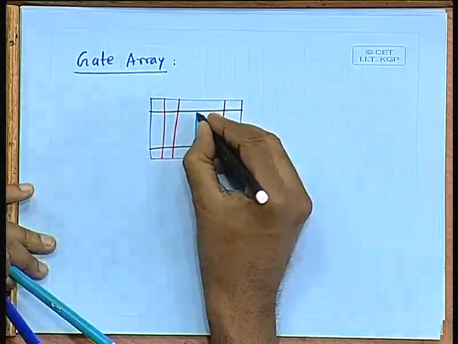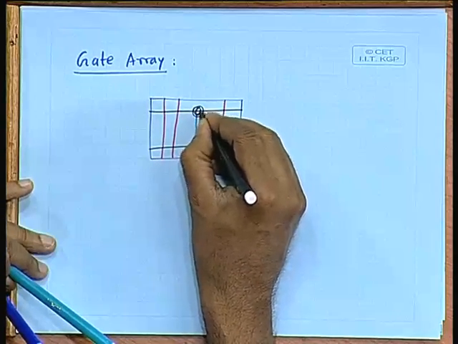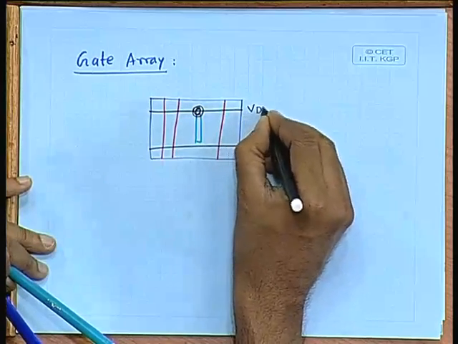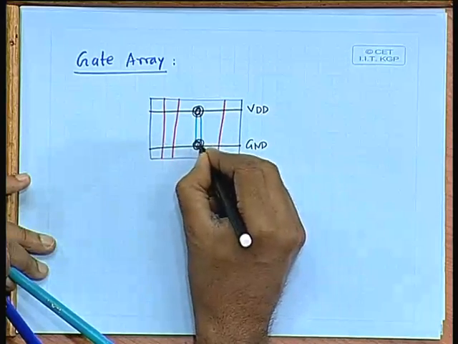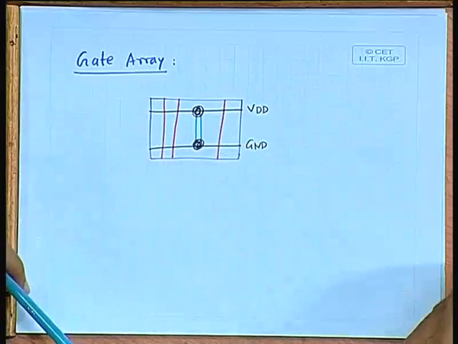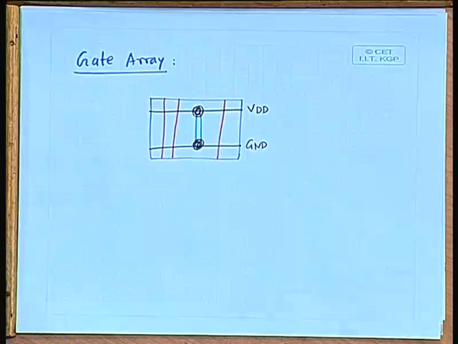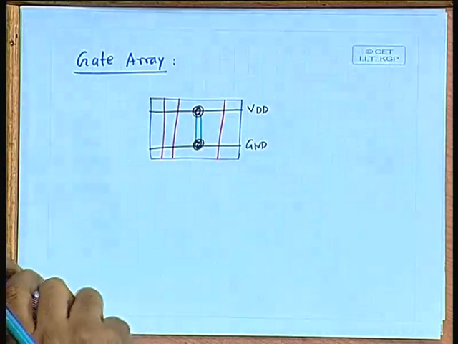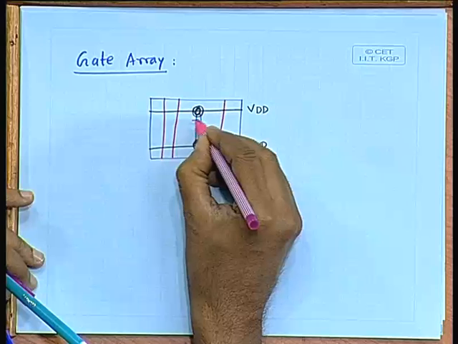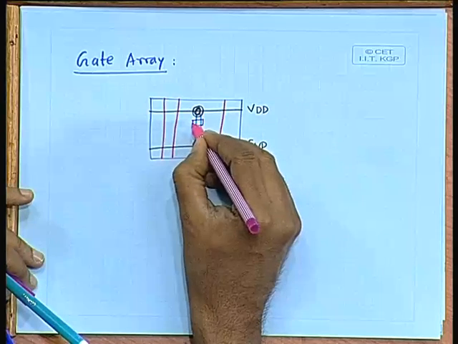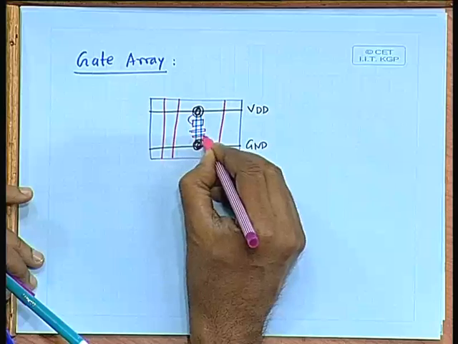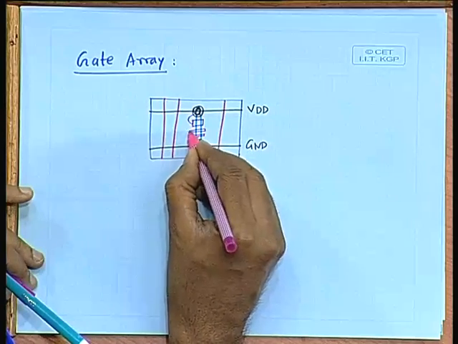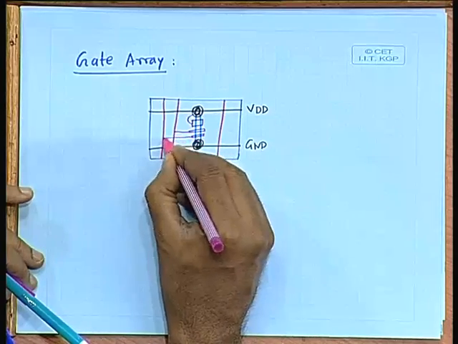there is a connection with VDD, this is VDD and this is ground, there is another connection here, and there are some transistors which will be the pull ups and pull downs. There will be a pull up transistor here which will be connected like this, and there will be 2 pull downs, thin ones. One will be connected to this, the other will be connected to this.